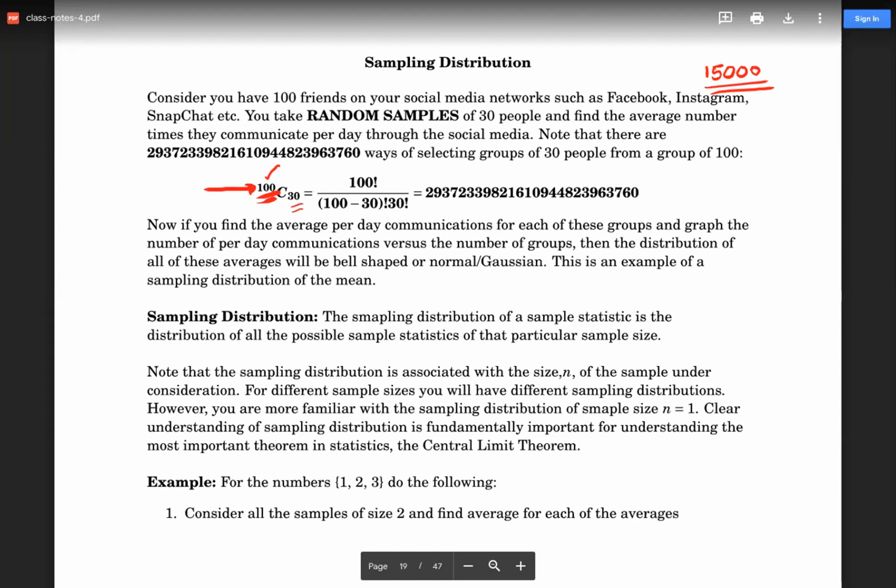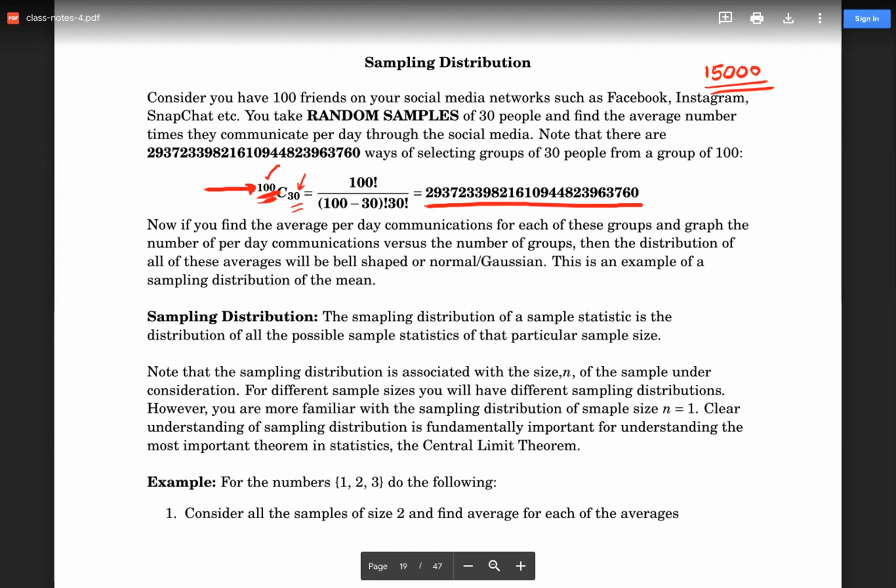All the different possible groups that I could select from 100 is, by the way, this number. And you can imagine how big this number is. This is crazy. I don't even know how many digits there are.